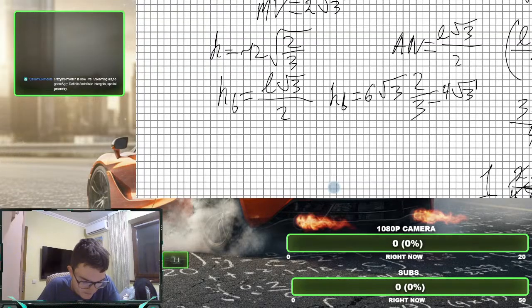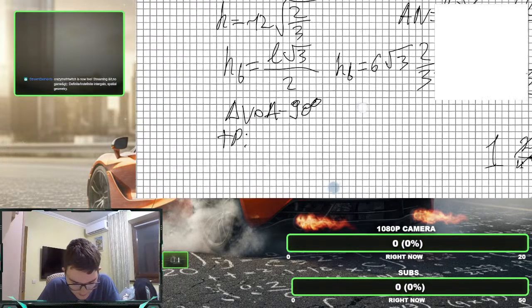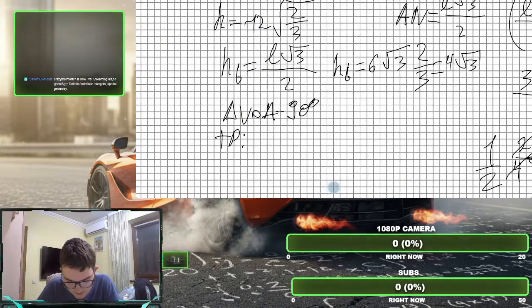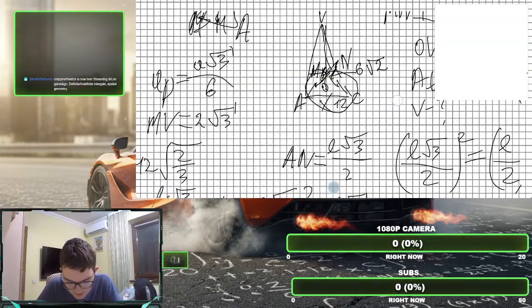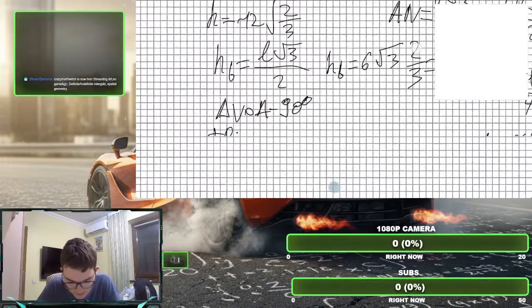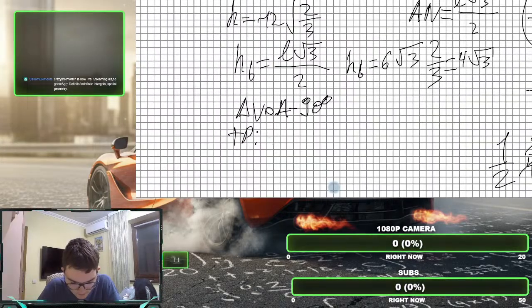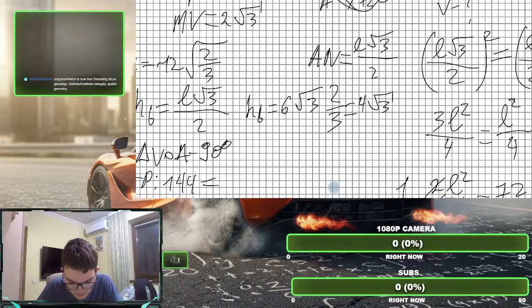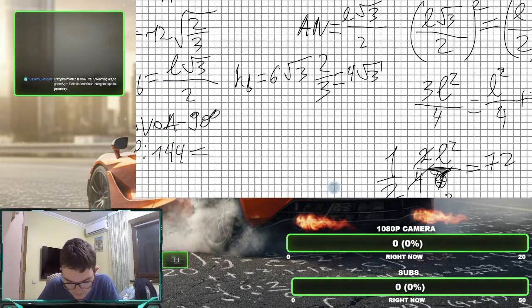Whatever. The height, so we can do this. VOA 90 degrees. So Pythagorean theorem. So essentially it's VA to the second power, which is 144, equal with essentially this to the second power, 16 times 3.